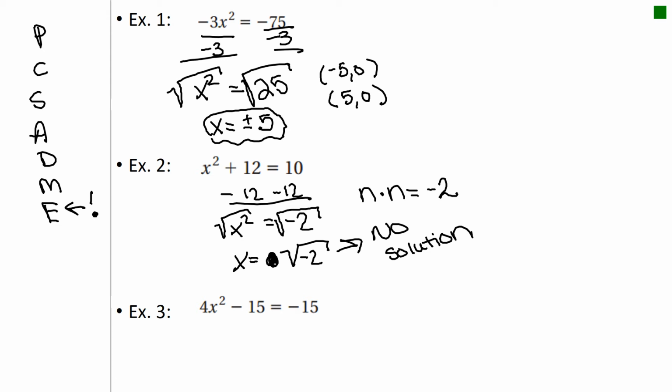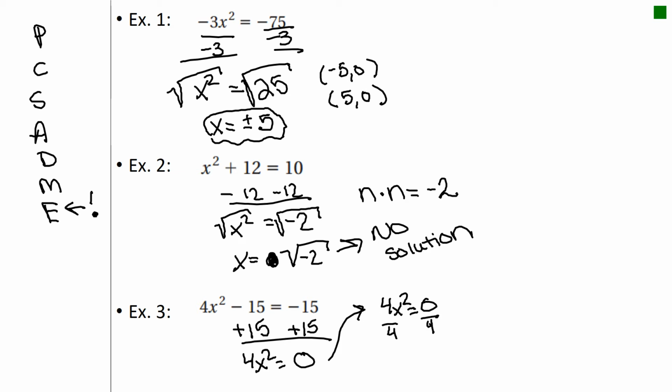All right, let's go to example 3. We're going to add 15, plus 15. 4x squared equals 0. We're going to divide by 4, divide by 4. x squared equals 0.